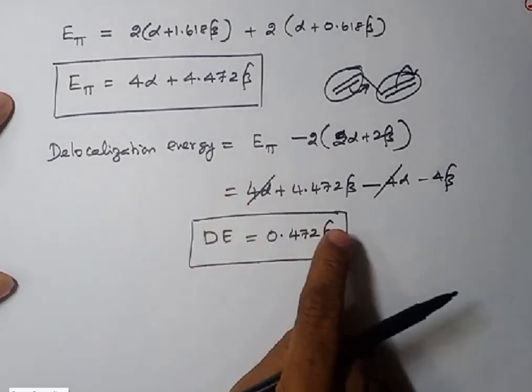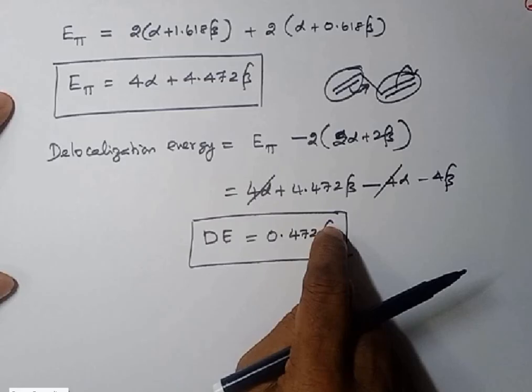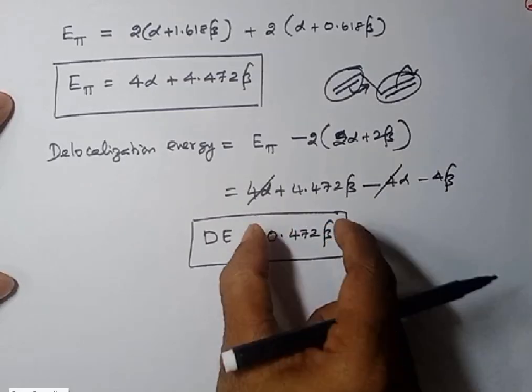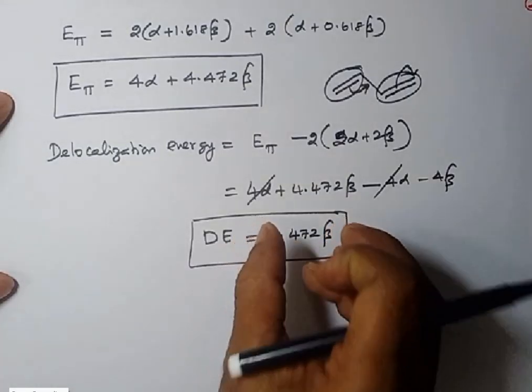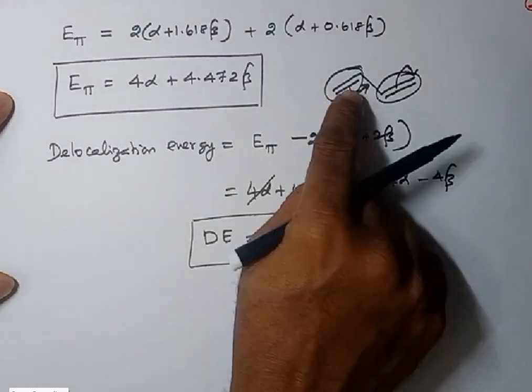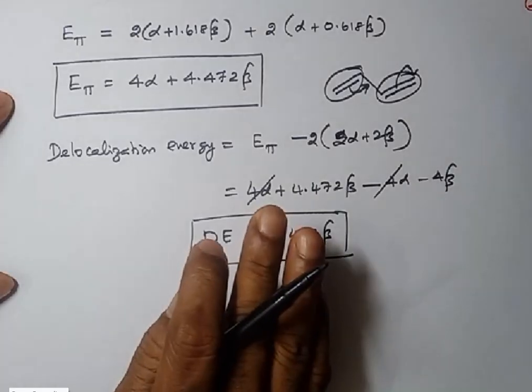I have already told you the beta value is always negative. So if you substitute the beta value and multiply, you will get some negative number. What does that negative number indicate? It indicates that much amount of energy is reduced if the 2 pi bonds are involved in delocalization. Observe carefully.